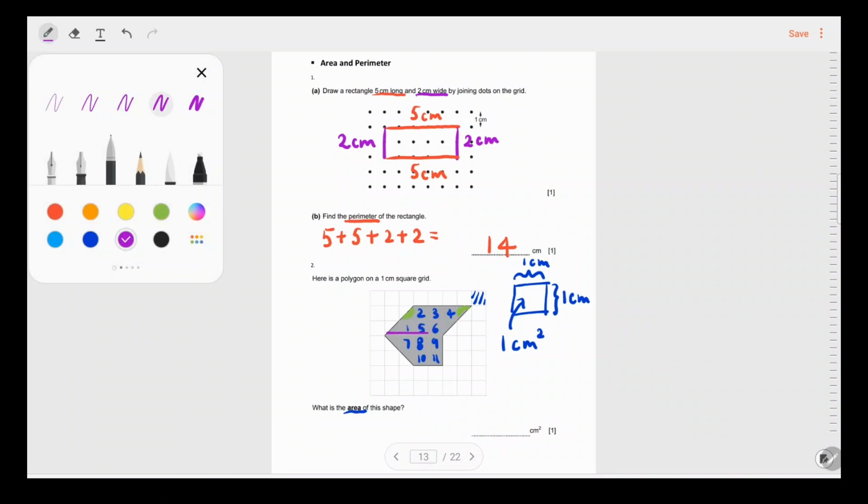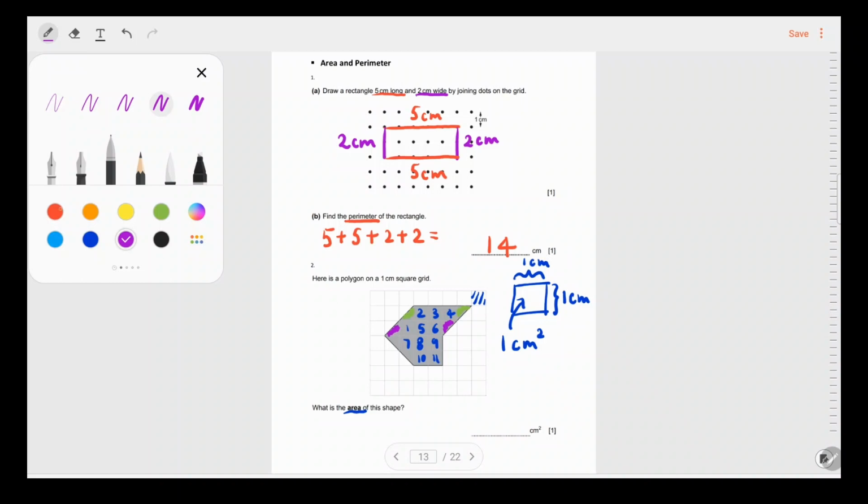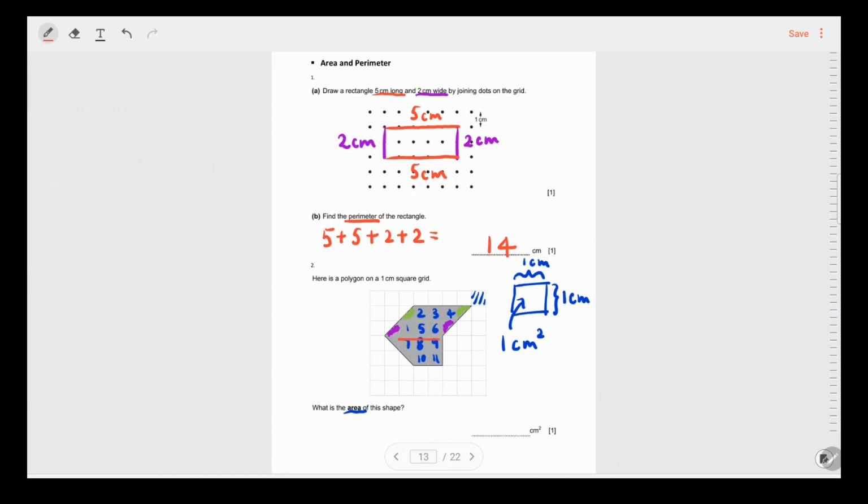And this half and this half makes 13. And this half and this half makes 14. So our answer here is 14 centimeters square.